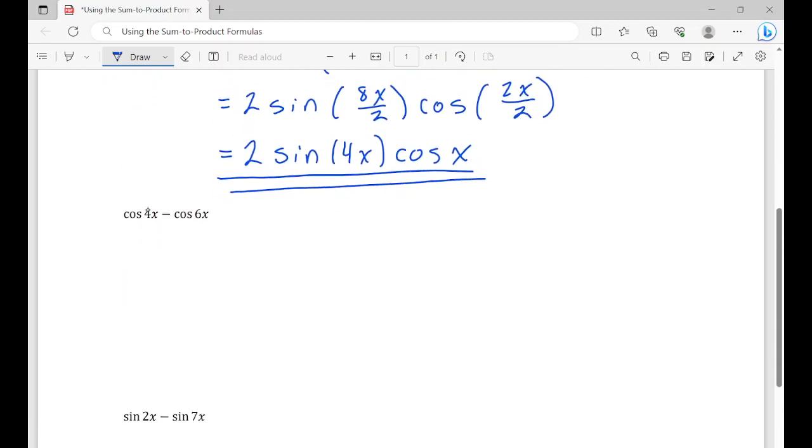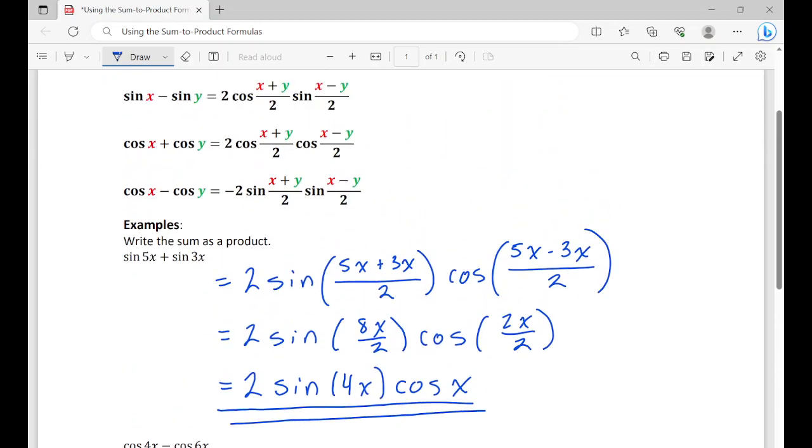Next, I have cosine of 4x minus cosine of 6x, and so I have a cosine minus a cosine. So I go up here and I see cosine minus a cosine. It's this fourth one, so I'm going to be very mindful that I have a negative to start the whole thing off, and then I'm going to just use the rest of it here.